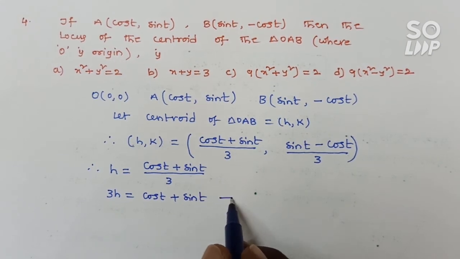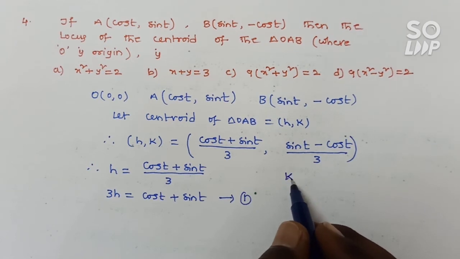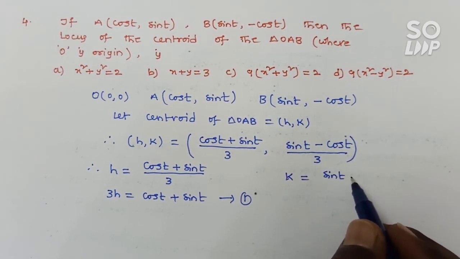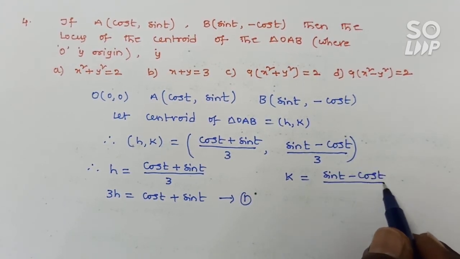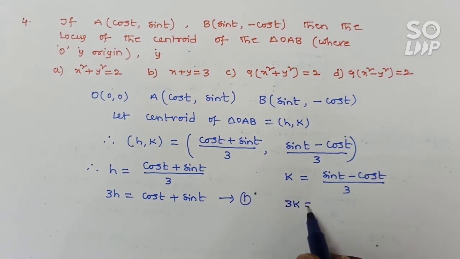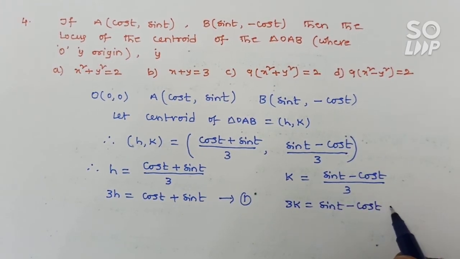Let this be equation 1. Similarly, k is equal to (sin t minus cos t) divided by 3. That implies 3k is equal to sin t minus cos t. Let this be equation 2.